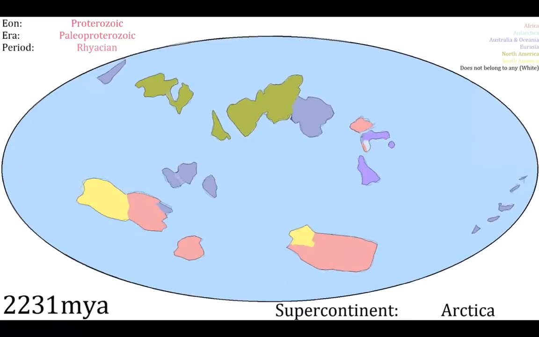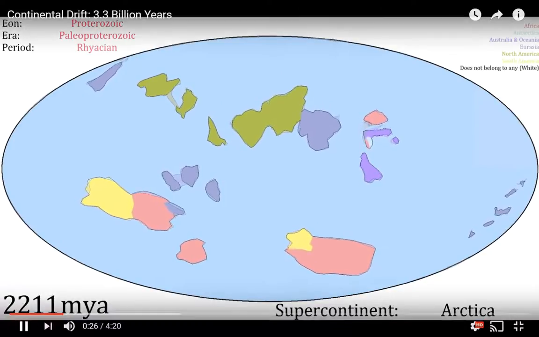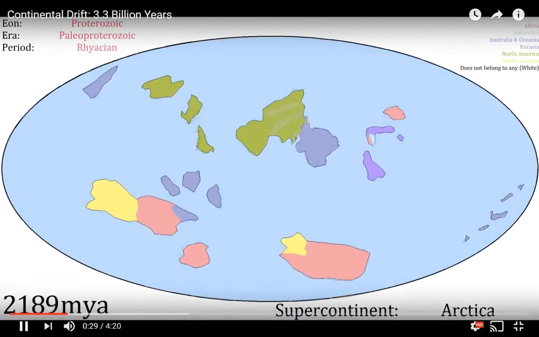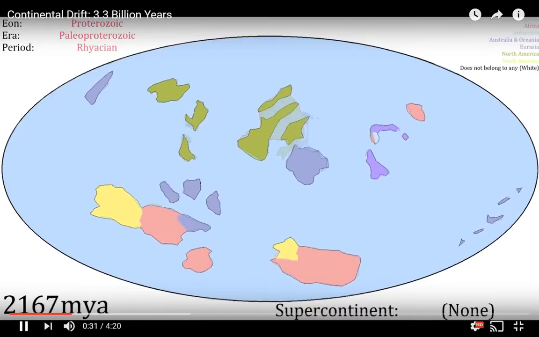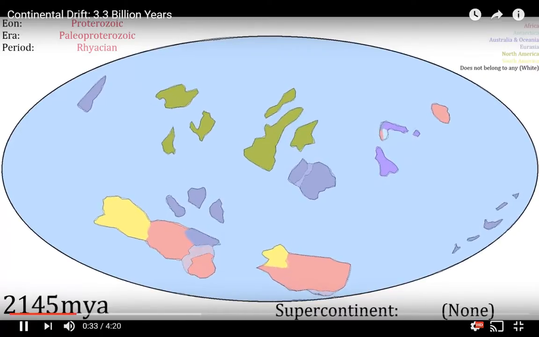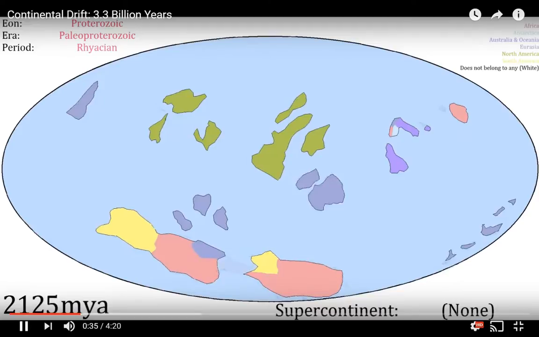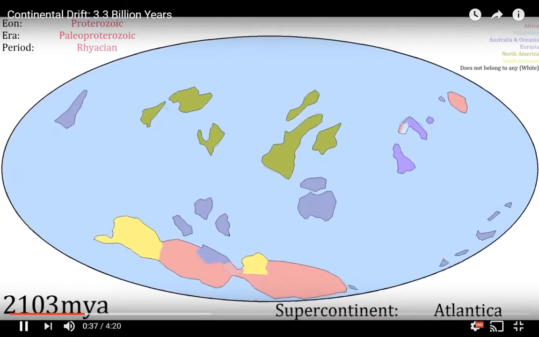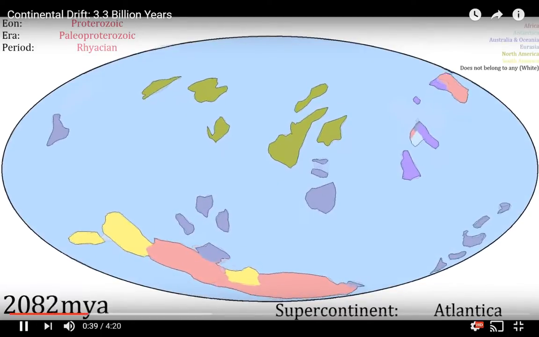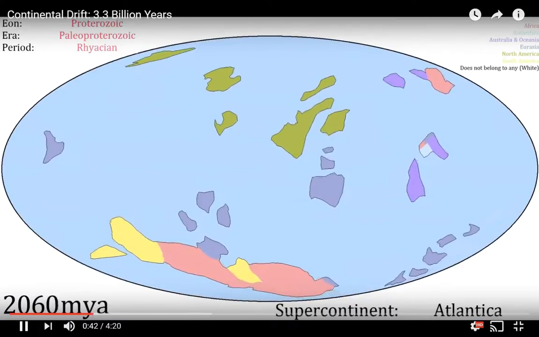Okay, so this is showing, notice we have time down the lower left. MYA means million years ago. So this is what scientists believe the Earth looked like 2 billion years ago.